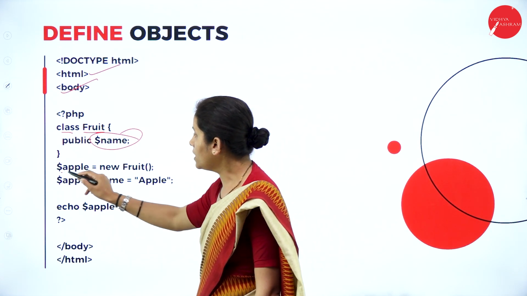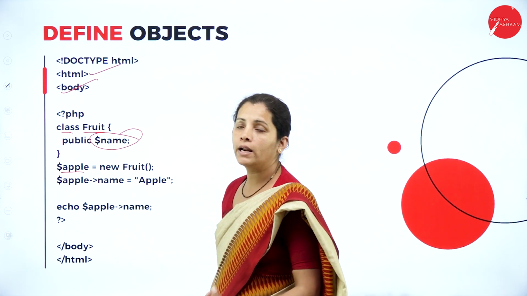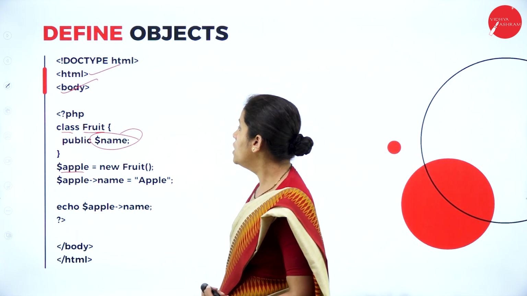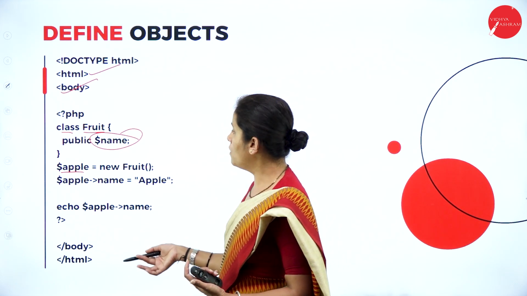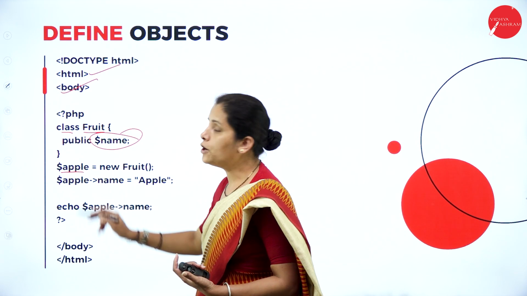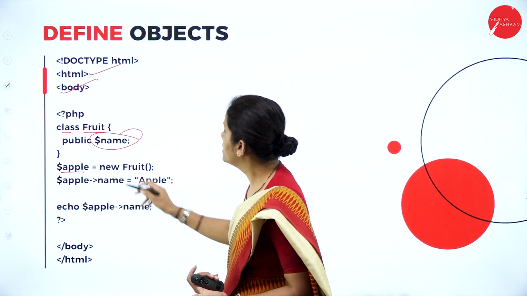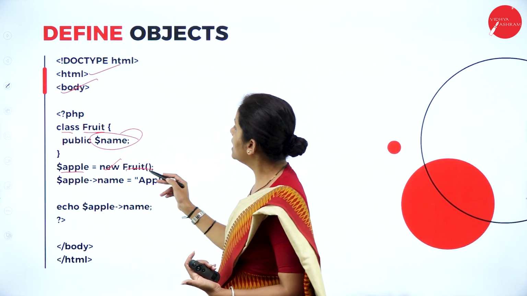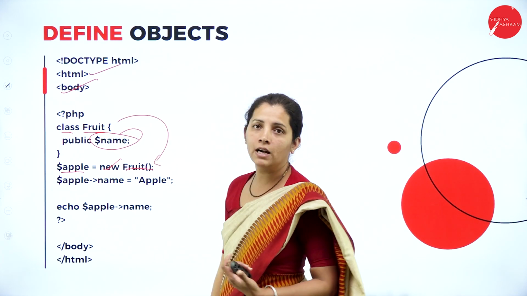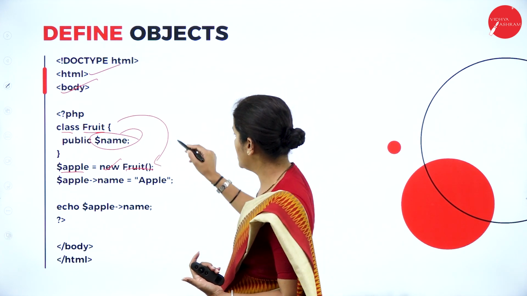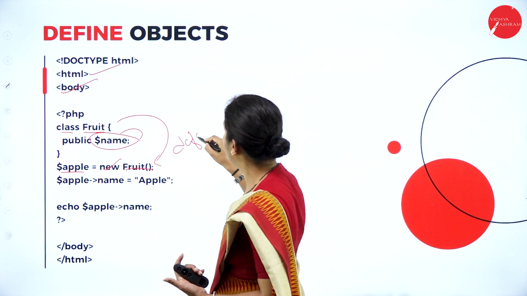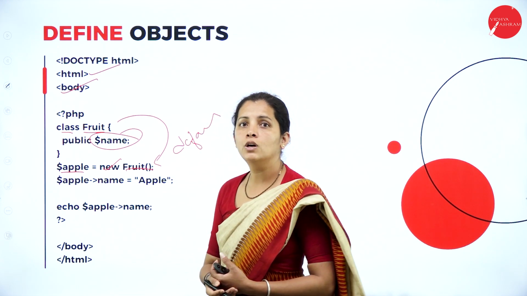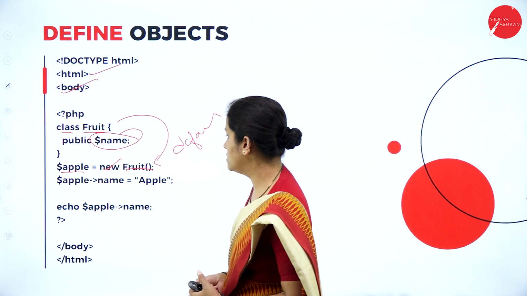Now what I'm doing here? I'm creating the object apple. How? new, and then your class name. What's my class name? Fruit. What kind of constructor is it? It is a default constructor, or no parameterized constructor.